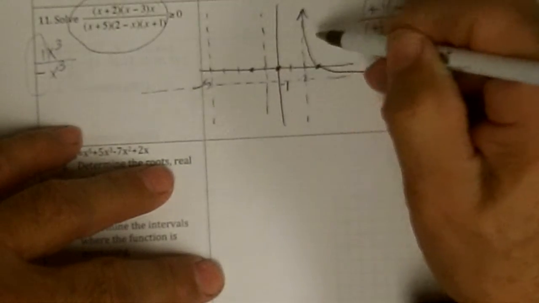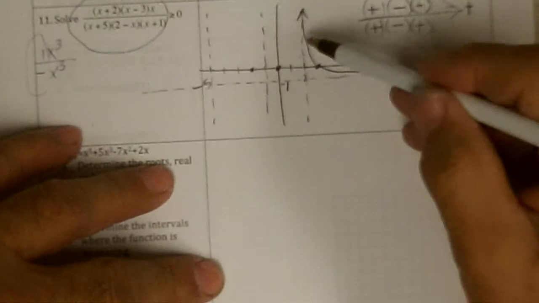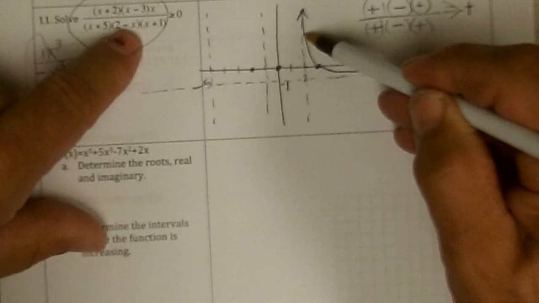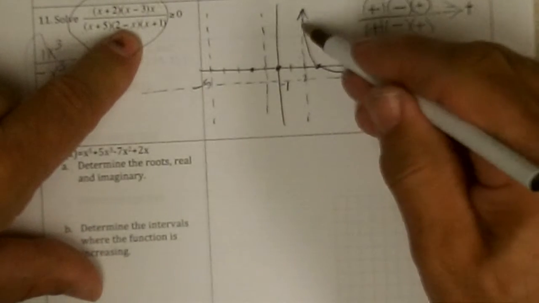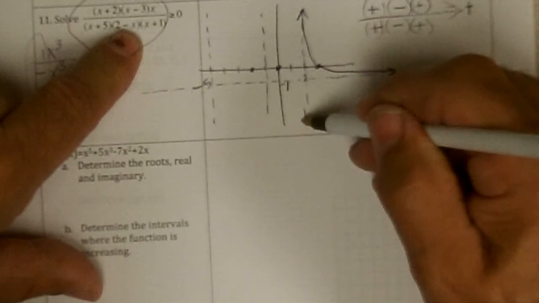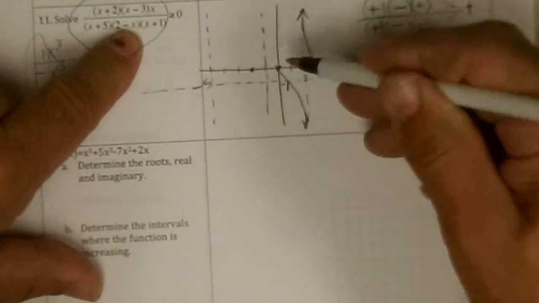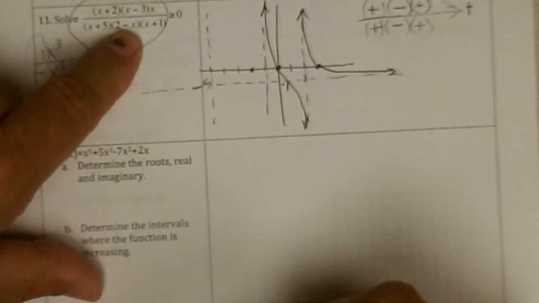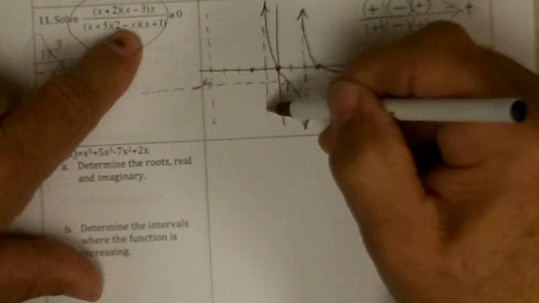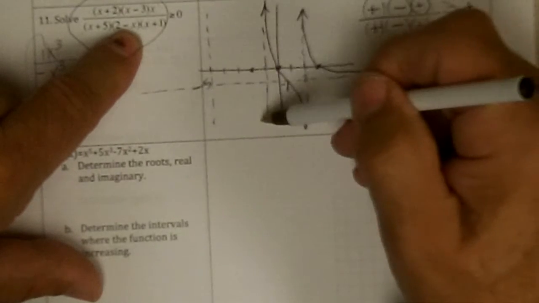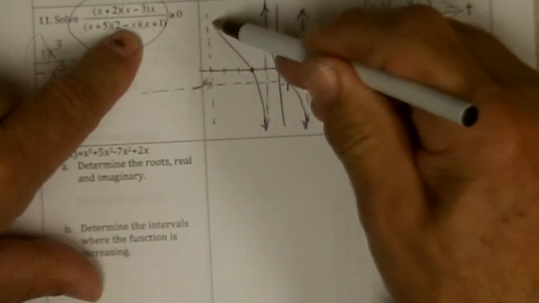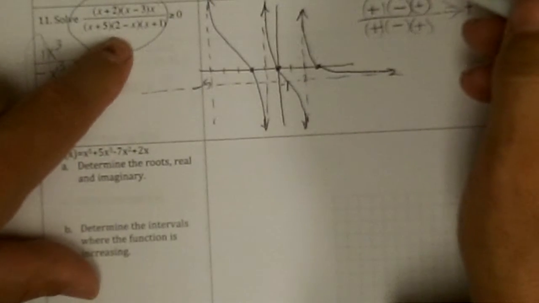Here it crosses there, and since it has to go opposite, since 2 minus x is a single factor, if it went positive infinity there, it has to go to negative infinity there, cross there, and go towards positive infinity. And since it has to do opposite, it has to start at the bottom, cross there, and go to positive infinity.